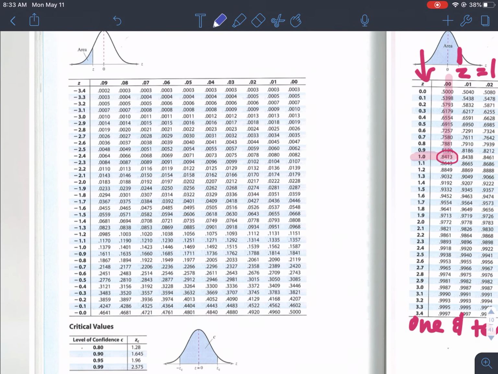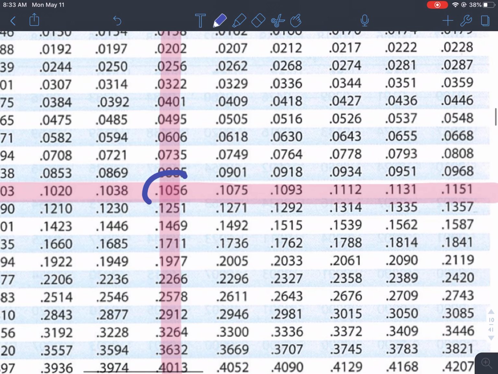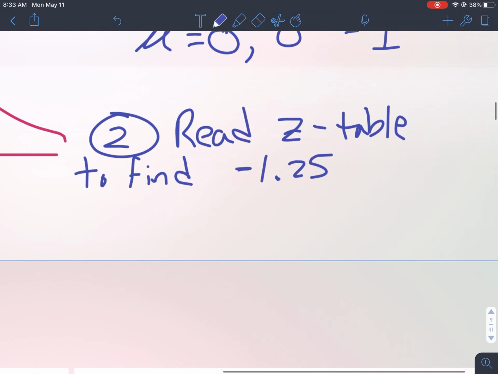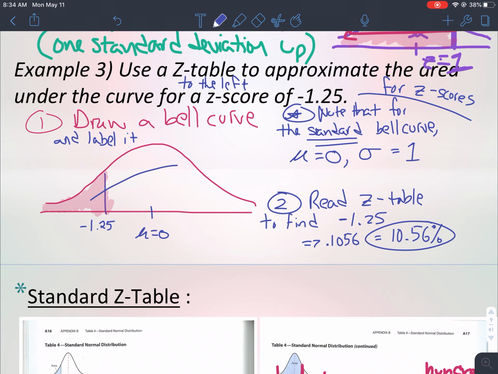I'm on the left-hand side now, negative 1.2, and then 5. So if I read that table there, it looks like 0.1056 is the answer. So that's approximately 10.56% area underneath the curve.